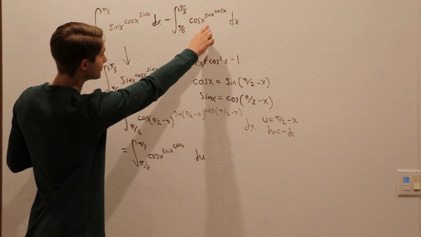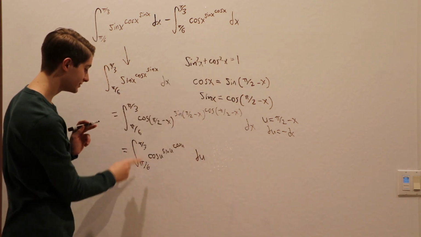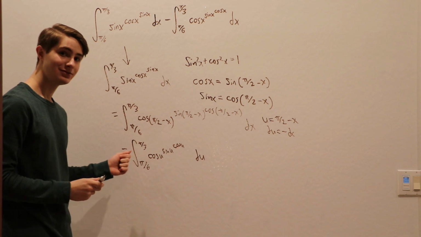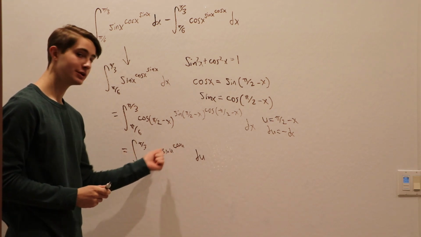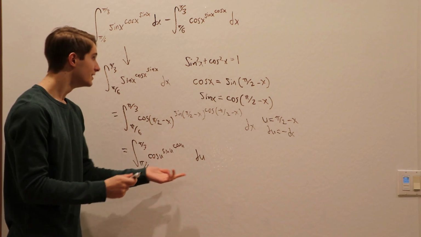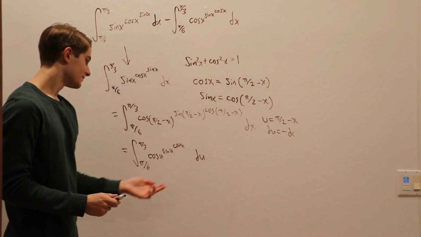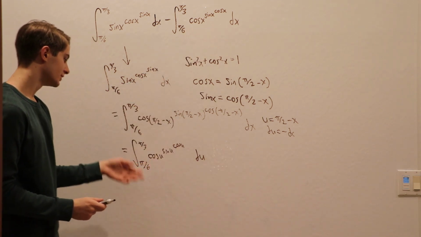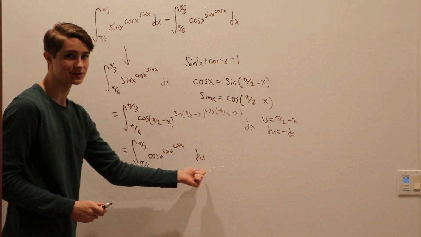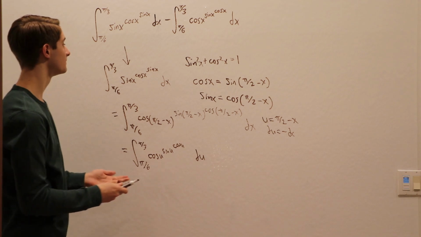We have cosine of x to the sine of x to the cosine of x, and we even have the same bounds. And remember that because we're doing a definite integral, it doesn't matter what variable we plug in here. It could be u, it could be v, it could be a, but it could also be x. So this is actually equal to the integral of cosine of x to the sine of x to the cosine of x dx. That'll give us the same answer.